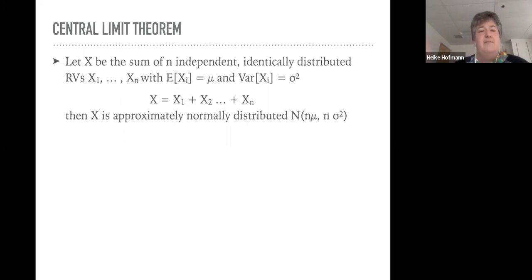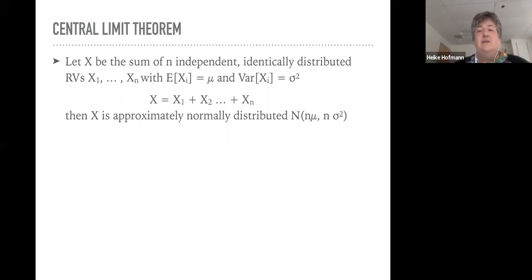So if we have random variables x1 through xn, and they are all identically distributed, so they all have the same expected value, they all have the same variance, but we don't know their actual distribution. So they could be uniform, they could be binomial, they could be something that doesn't have a name.